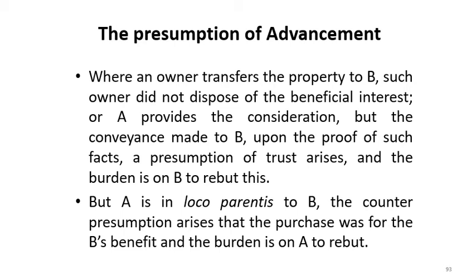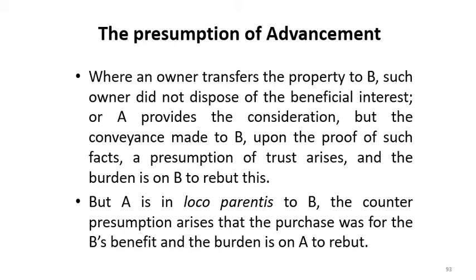Now here, what we are seeing as per section 83 and 84: in section 83, such person must be the owner of the property. Then the owner transfers the property to B. At the same time, such owner did not dispose of the beneficial interest.